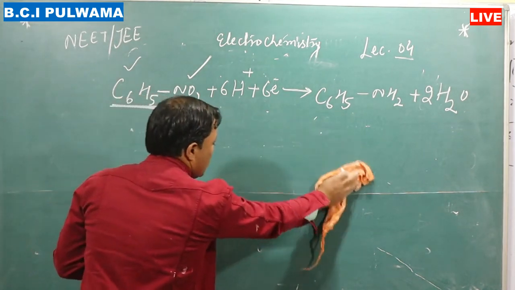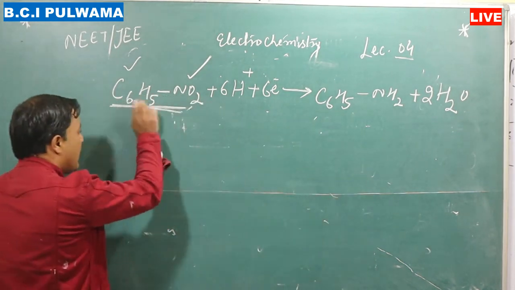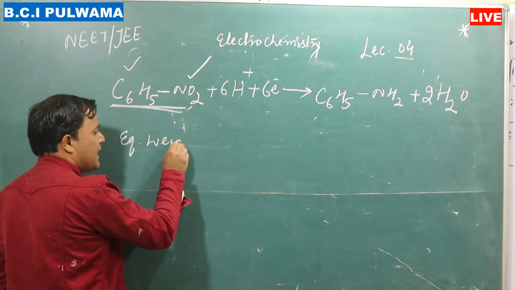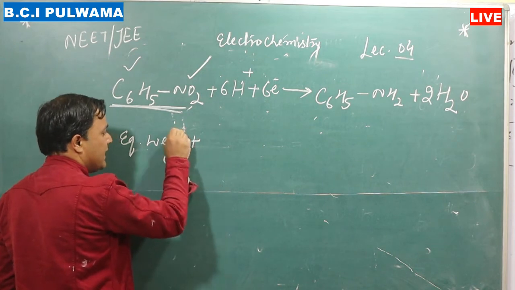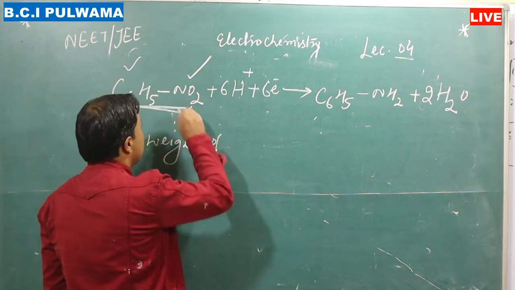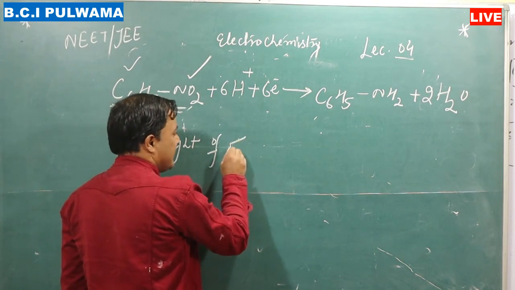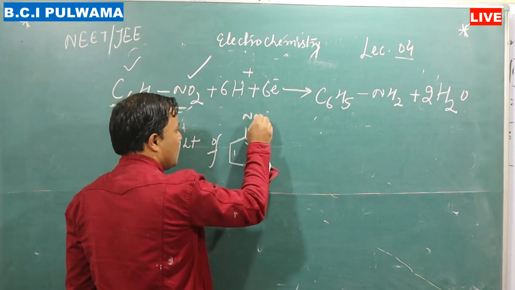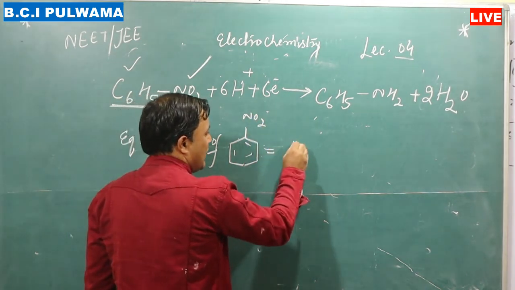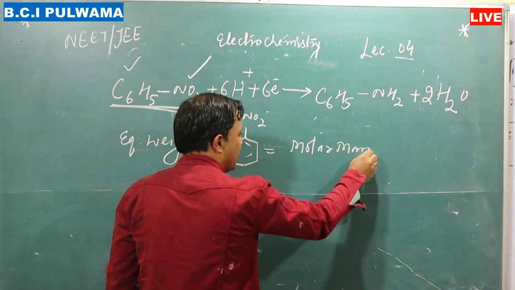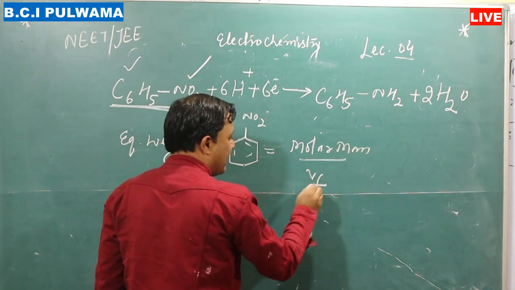Number 2. Keep in mind that if we calculate equivalent weight, the equivalent weight of nitrobenzene, C6H5NO2, will be equal to its molar mass divided by valency factor.